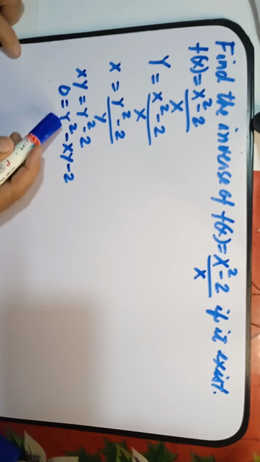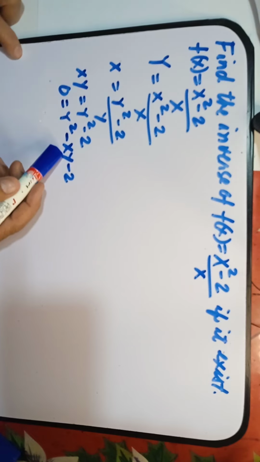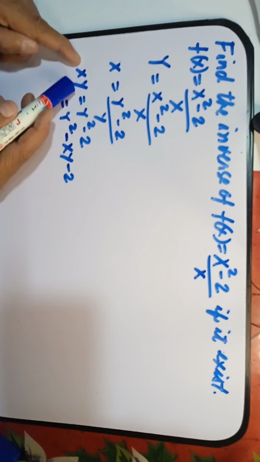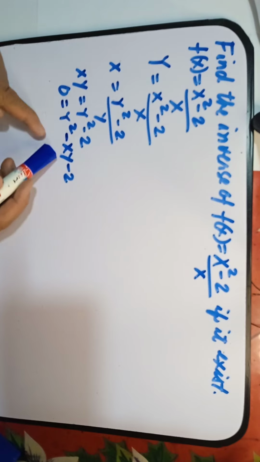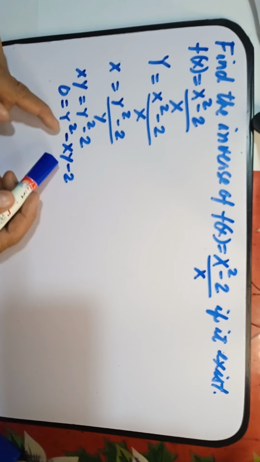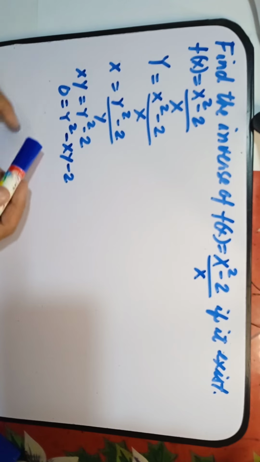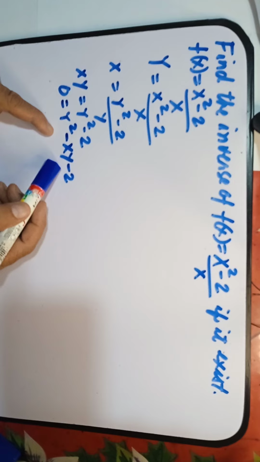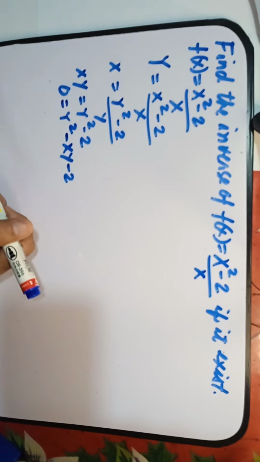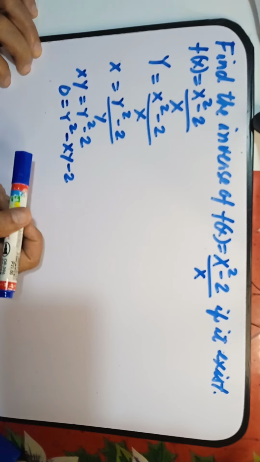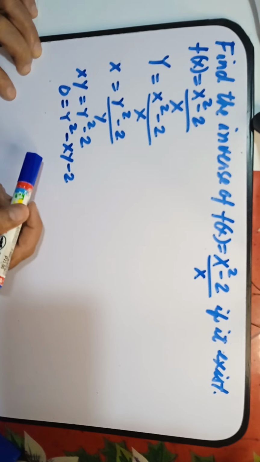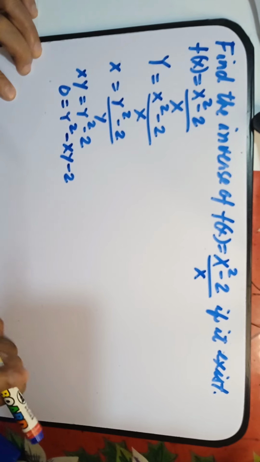So y square minus xy, because we jump it over the equal sign to transfer to the side, to have a quadratic equation in the form of ax squared plus bx plus c equals 0.